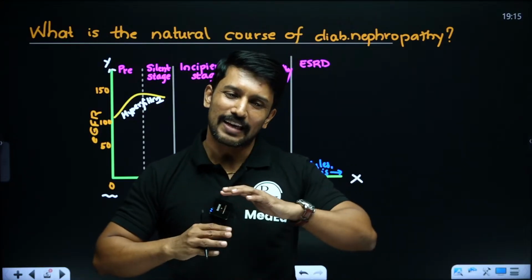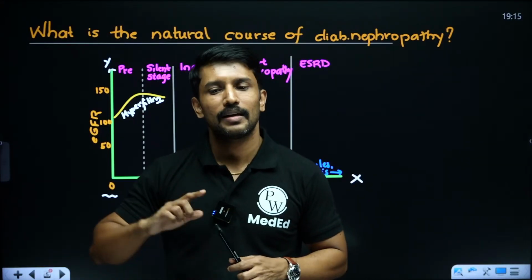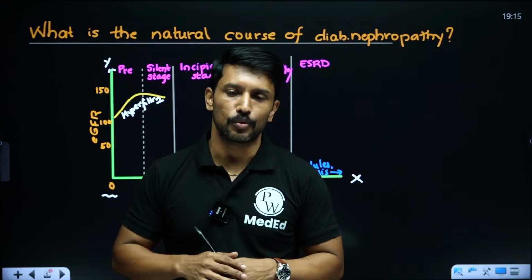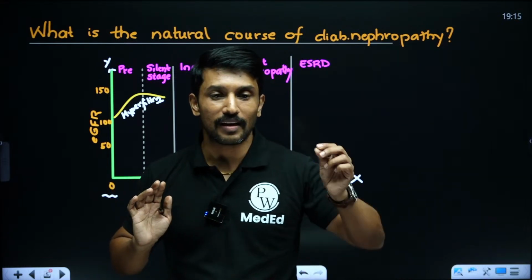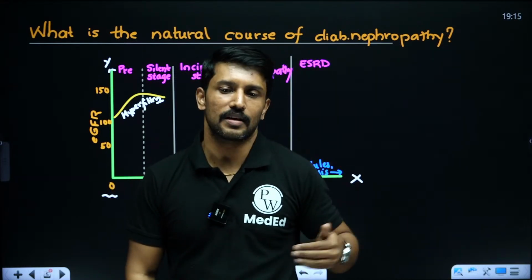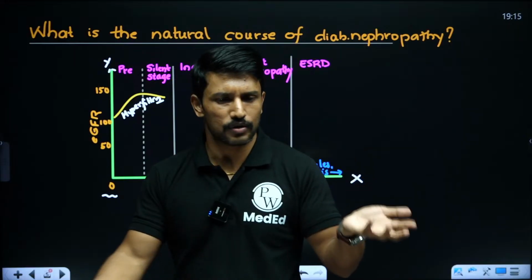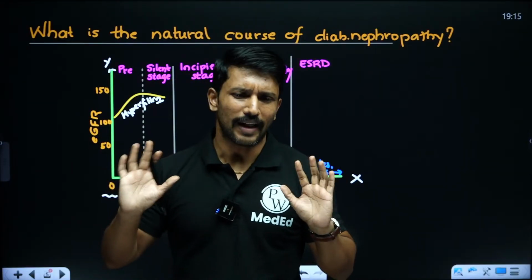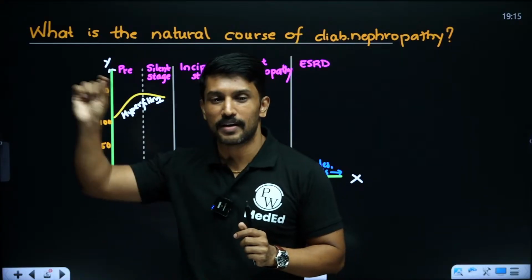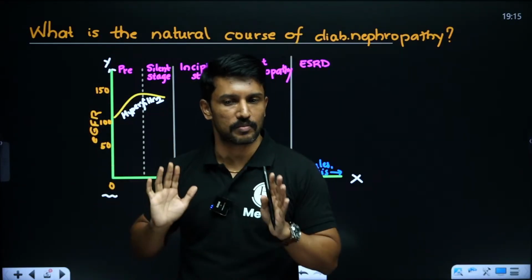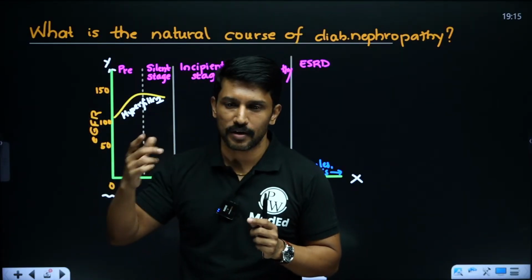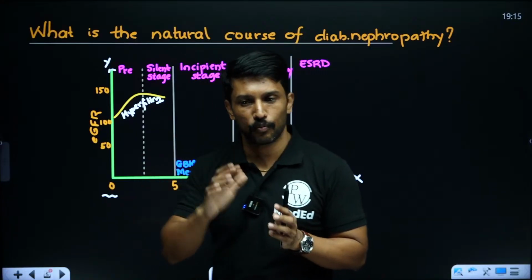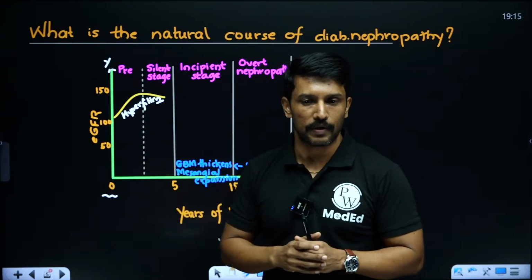So if you're taking exorbitantly high amount of protein, that can cause hyperfiltration injury. Now this is debatable कि कितना protein को हम high कह सकते हैं. Is it like 1 gram per kg? Of course it is safe. 1.5 gram per kg, 2 gram per kg, 3 gram. That is a bit debatable when hyperfiltration injury starts, but there is a possibility. So जैसे high amount of protein intake can cause, similarly high amount of blood glucose can cause this hyperfiltration injury.